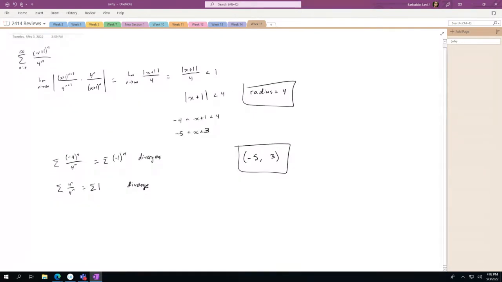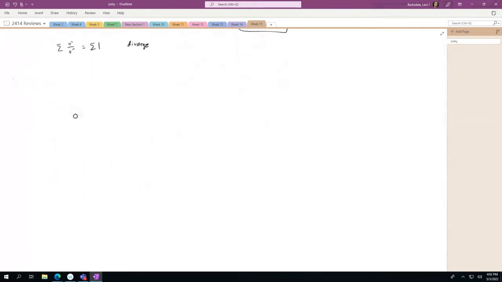Alrighty, go ahead and try out a couple of practice problems for this. First, do the sum from 1 to infinity of (x plus 1) to the n divided by n squared times 4 to the n.